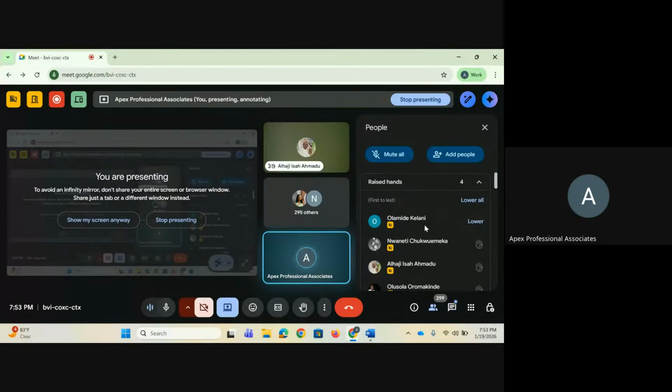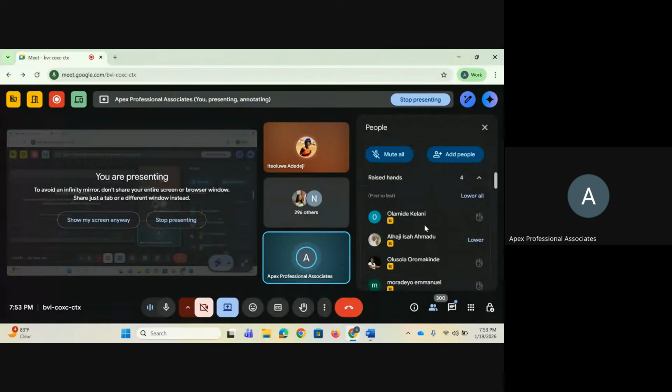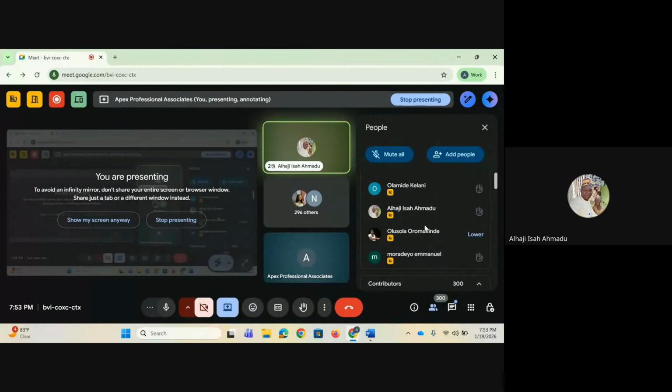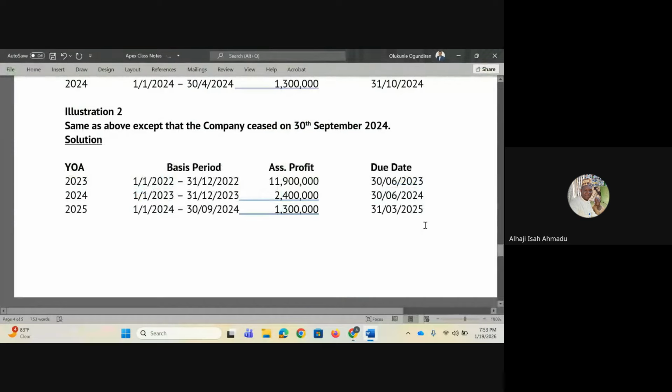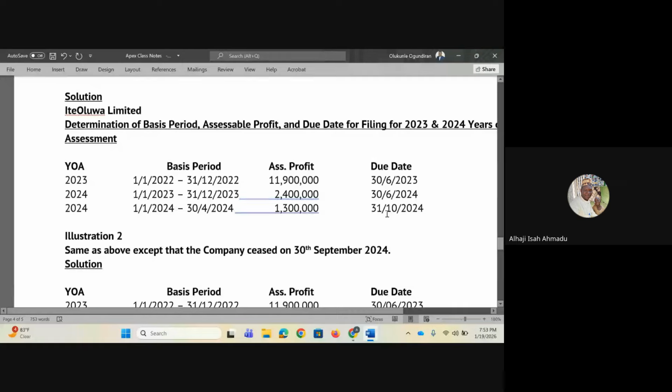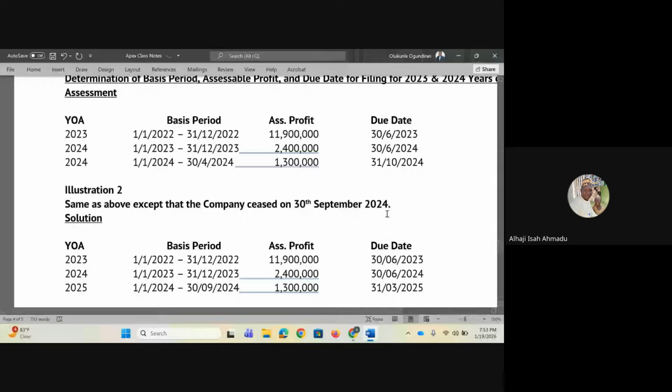Isa, okay, sir, please go ahead. Please, based on the rules that you gave, before 30th June and after 30th June, and the question which says the business's operation ceased in 2024, why do we now have 2023 in the basis period? Okay, so the rule I gave only affects the final year. The years before the company ceased must be on preceding year basis.